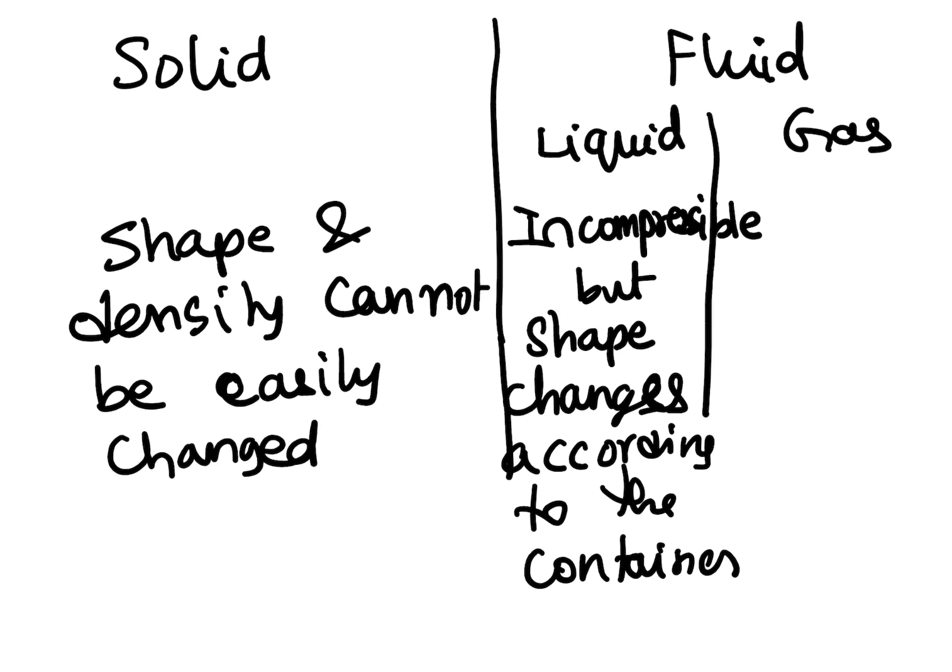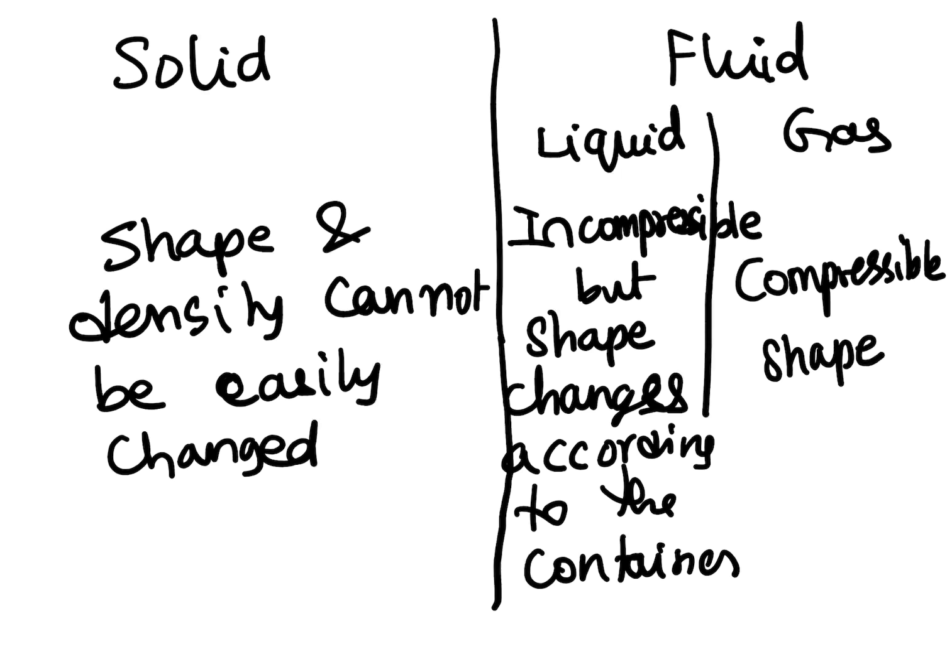Okay, if you put it in a bottle or a funnel or a beaker or can, bucket, whatever. A gas, on the other hand, is compressible. Its shape is not fixed. Again, it takes the shape of the container. Neither is its density. That is, you can pack more stuff or less stuff of the same gas inside a container depending on how much pressure you are applying or how much pressure the container can withhold.